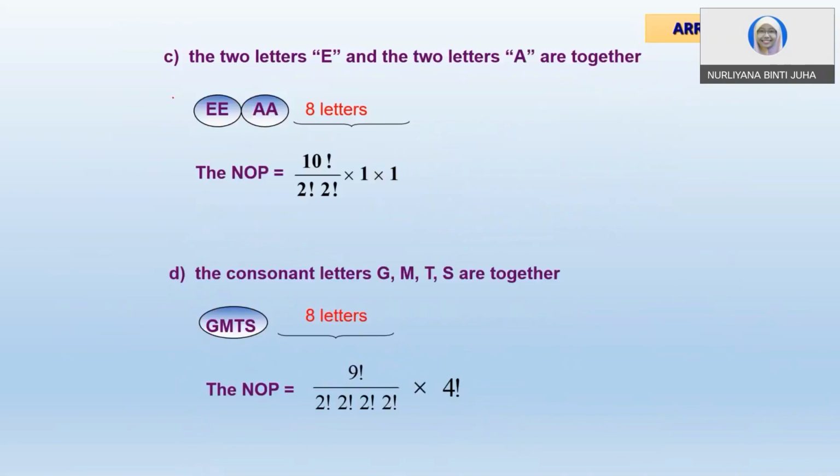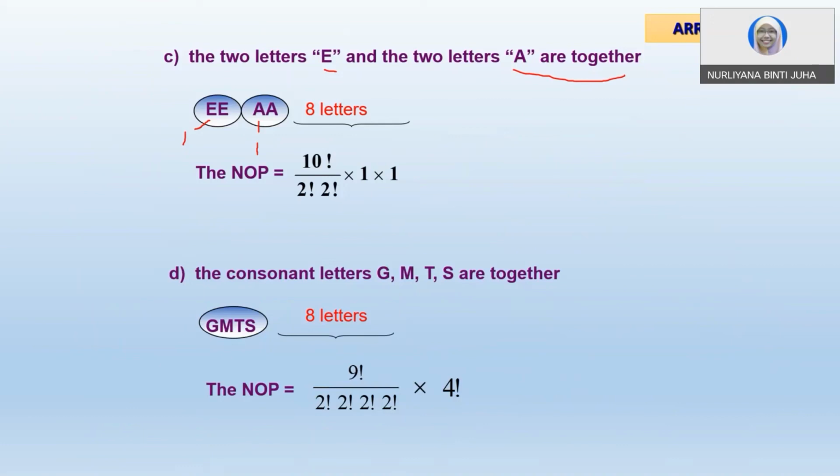And for C, the two letters E and the two letters A are together. So, dia dah bagi tahu siap-siap E dan A are together. So, E ni kita boleh consider as 1 unit, duduk sekali. A ni pun another 1 unit. Kan? So, out of 12 tadi, ni keseluruhan ni adalah 12 kan?